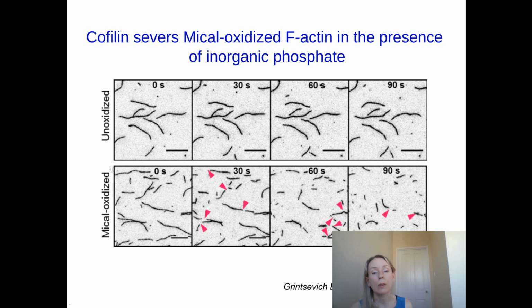But as you can see, if actin filaments are Mical-oxidized, then it allows Cofilin to sever those filaments very effectively, even in the presence of inorganic phosphate, as opposed to unoxidized filaments, as you can see on the top panels, which are not being severed and disassembled.